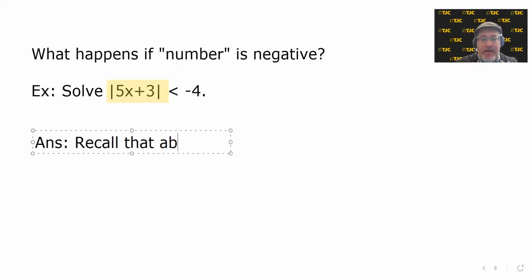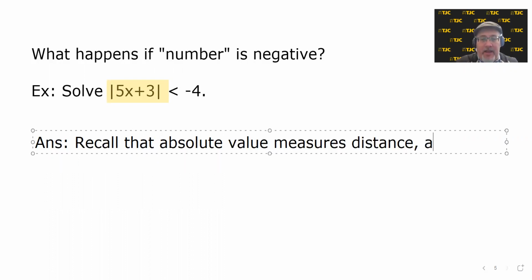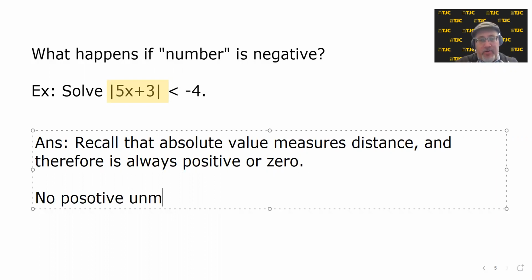Recall that absolute value measures distance, and therefore is always positive or 0. It can't be negative, but it can be 0. No positive numbers or 0 can ever be less than a negative number.